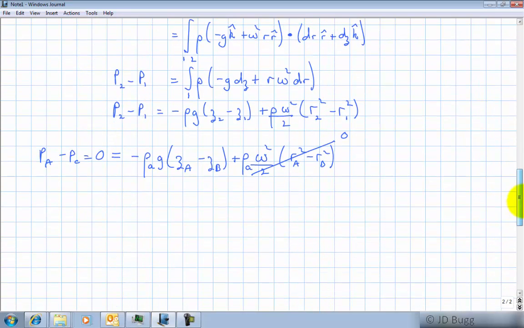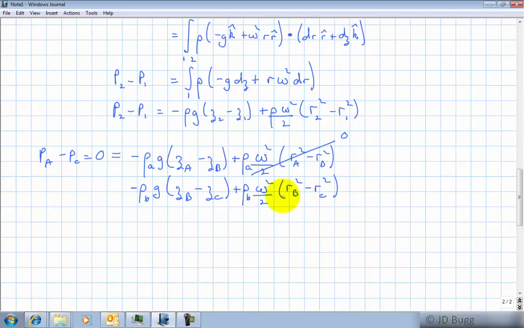So, continuing on with this, what we have down here so far is just PA minus PB, but there's a second half to this. So the second half of this, the density will be rho B times G, ZB minus ZC, plus density of B again, omega squared over 2, RB squared minus RC squared.